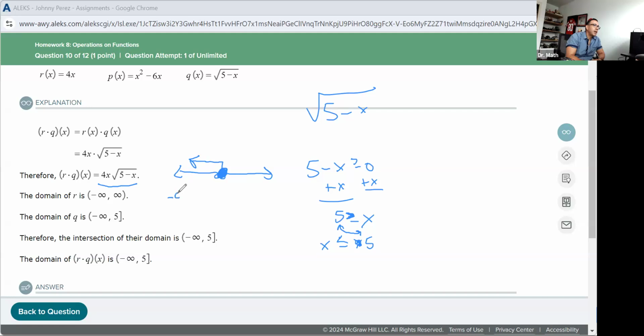That goes on forever. It's negative infinity all the way until this number right here, which was 5. Because it's a closed circle, you're including 5. That's why we put that bracket there. So that's where this comes from. This is the domain. And when we're looking at the domain, we're looking at what numbers am I allowed to plug in. That's really the big question.